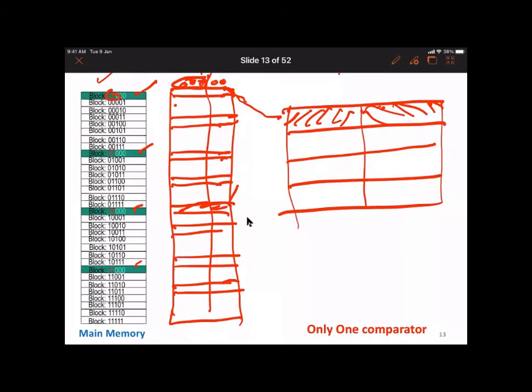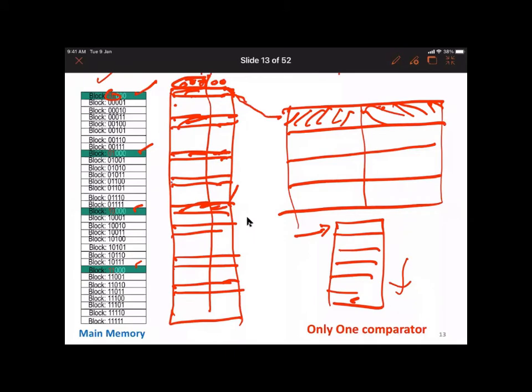Can you see the difference? Earlier we had this structure, 8 of these, and 4 were competing for one block. Now 8 blocks are competing for 2 blocks. So 4 are competing for 1 versus 8 are competing for 2.